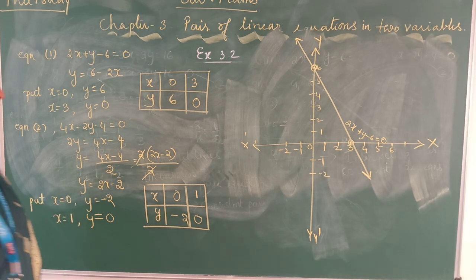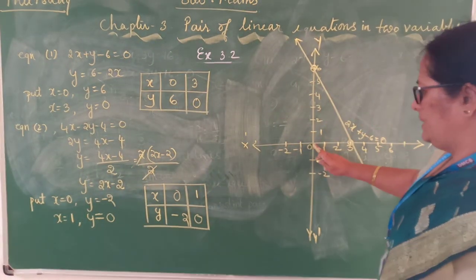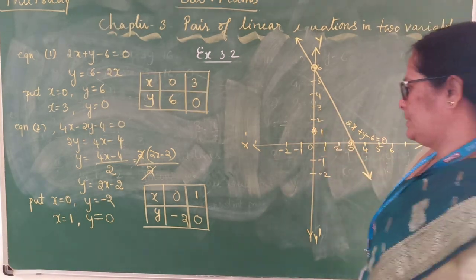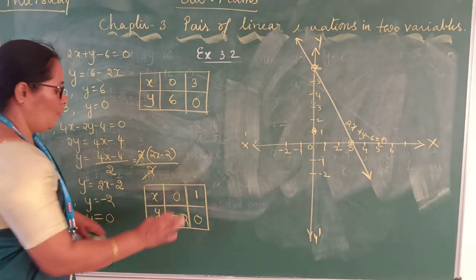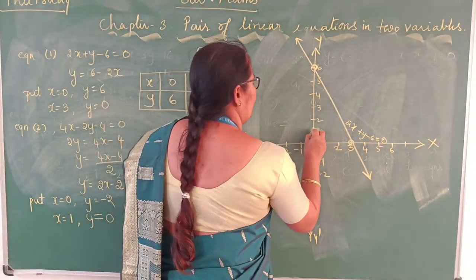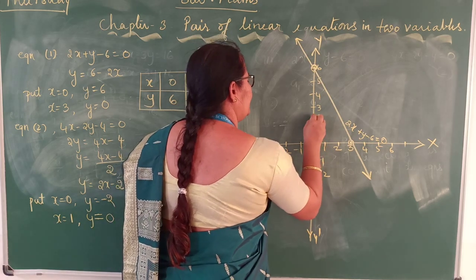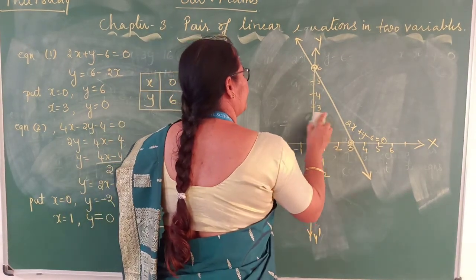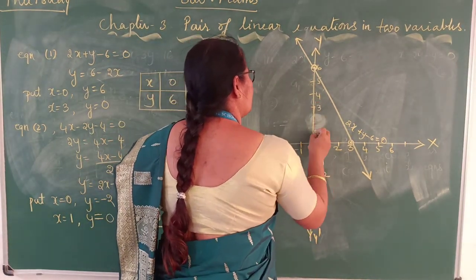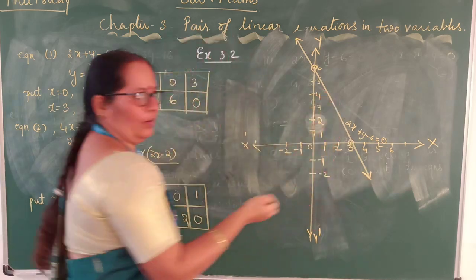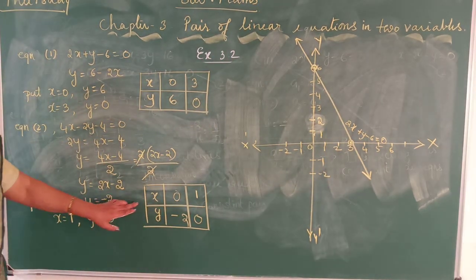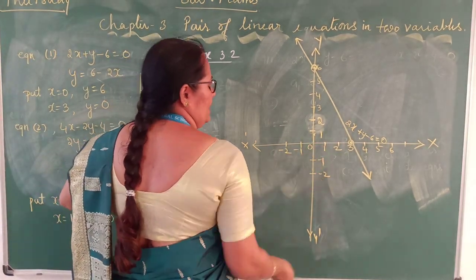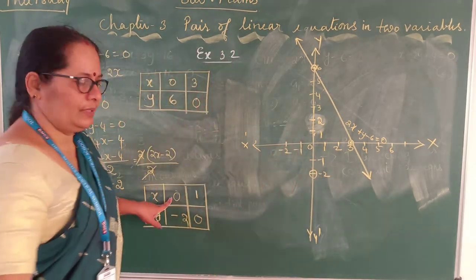Now for the second equation, when x is 0, y is minus 2. Here, this is 1, this is 2. Now, the first coordinate, when x is 0, y is minus 2. This point.